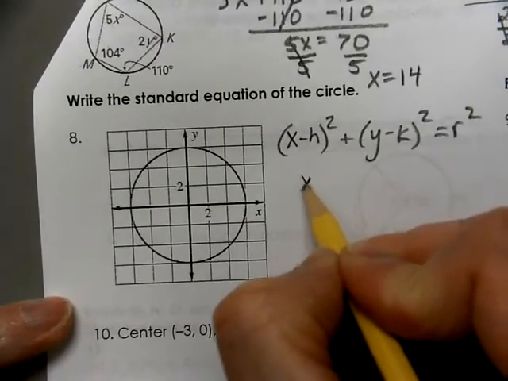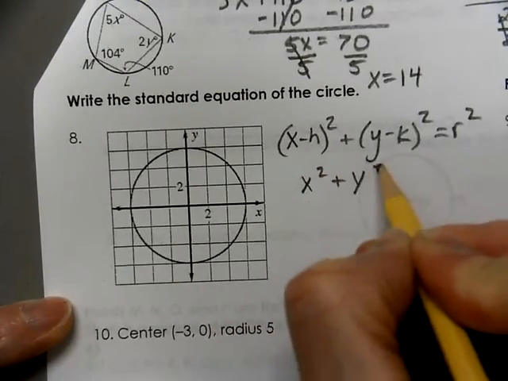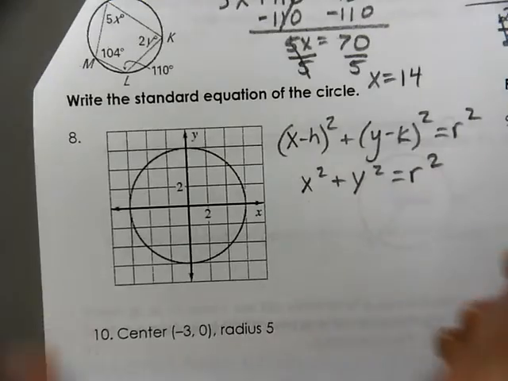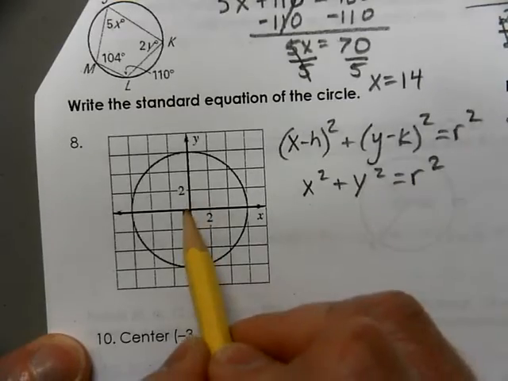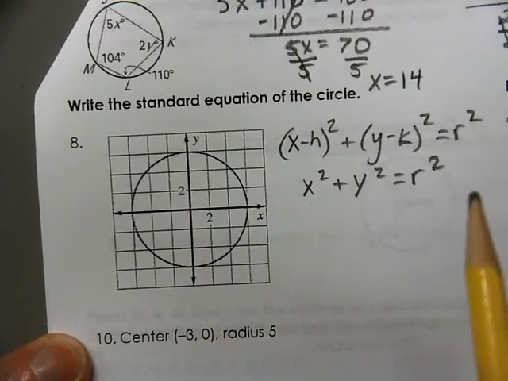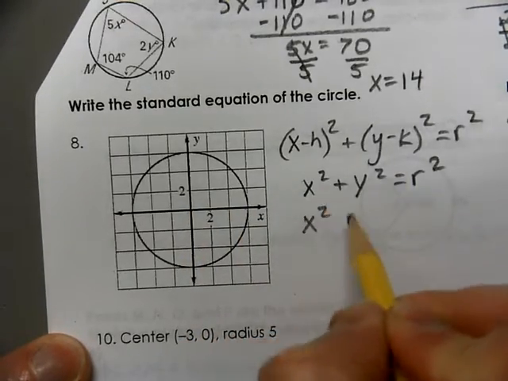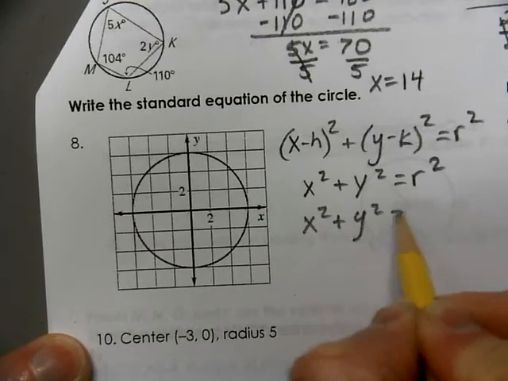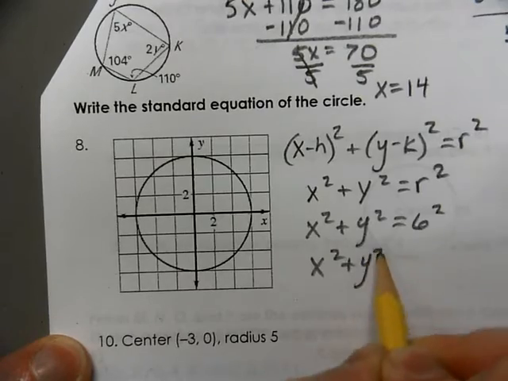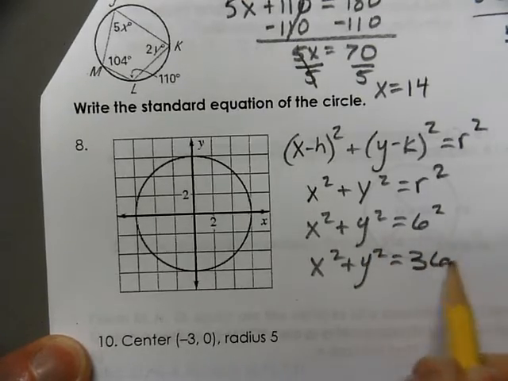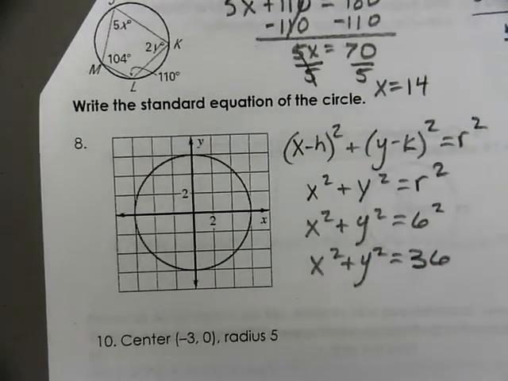So we're going to just be able to say x squared plus y squared equals r squared because our center is 0. The only thing you need to know here is 2, 4, 6 is the radius. So your equation answer is x squared plus y squared equals 36.